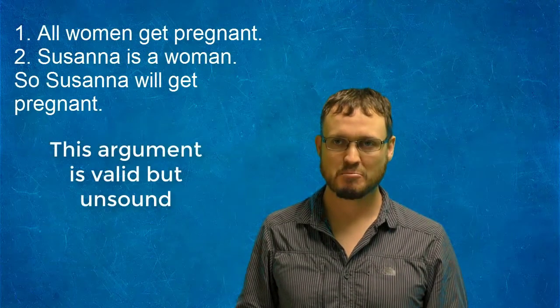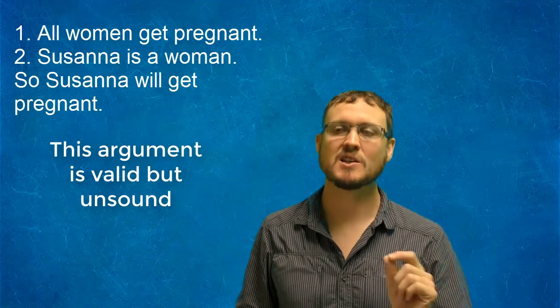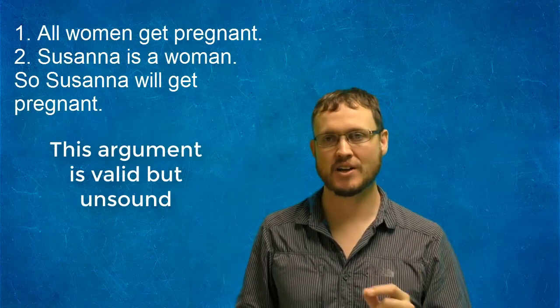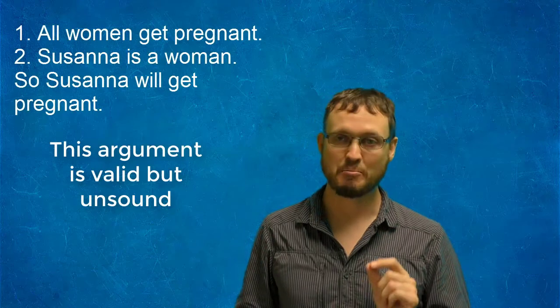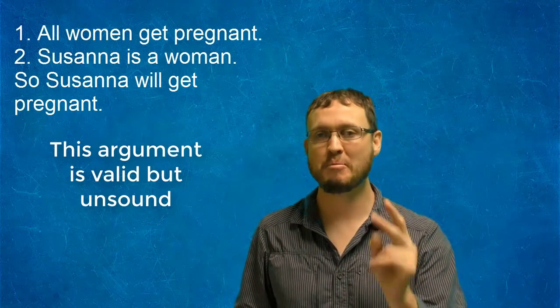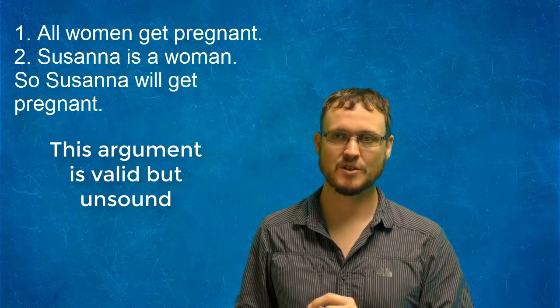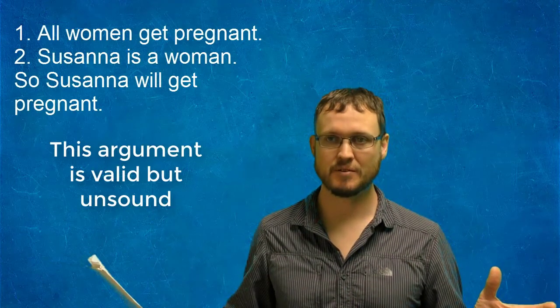It's valid because the form of the logic makes sense, but it's not sound because the premises are not actually true. So in other words, it's a bad argument. It's an argument with good form because it's valid, but bad meaning because the content isn't true. Right? So now we're done evaluating the argument.